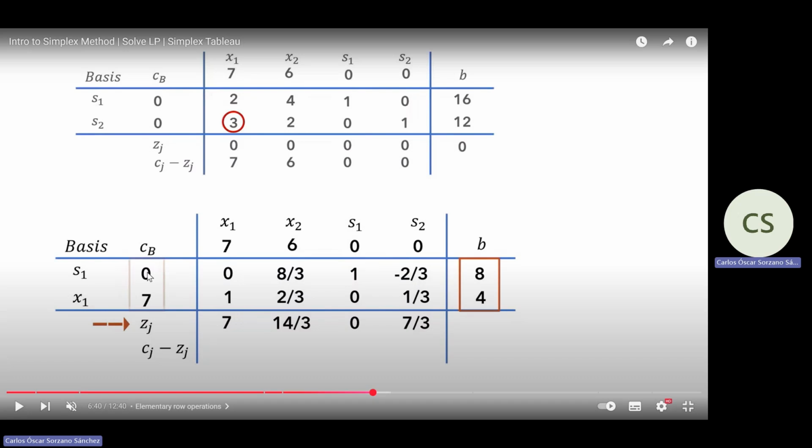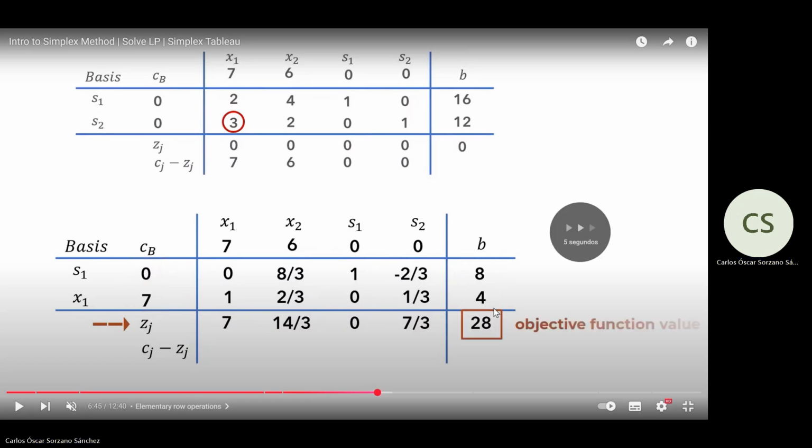If you multiply 0, 7 by 8, 4, then this is the 28. 28 is the value of the objective function at that point. And the solution now is x1 equal to 4, x2 is not in the basis, so x2 is 0, s1 is equal to 8, and s2 is equal to 0.